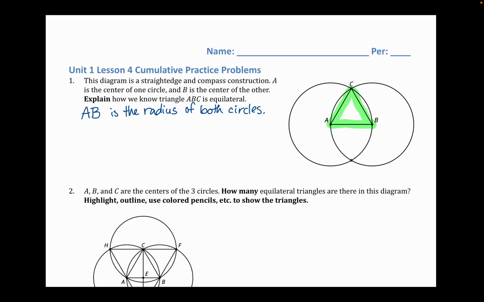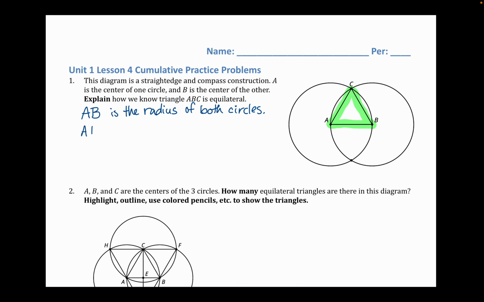And so we're going to take one circle at a time here. So looking at our first one, that's circle A, just because that's the one they named first. So AB, that's this one here, AB, that's a radius of circle A, and so is AC. So we can say that those are the same length.